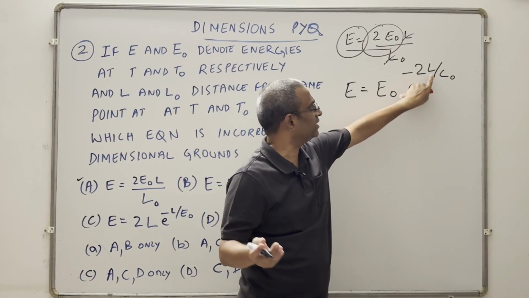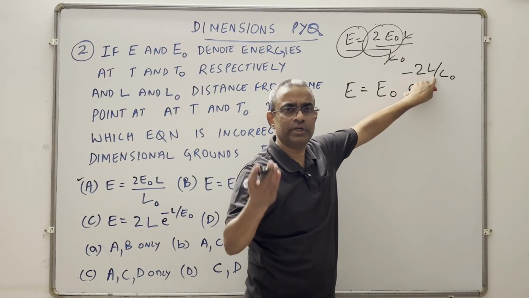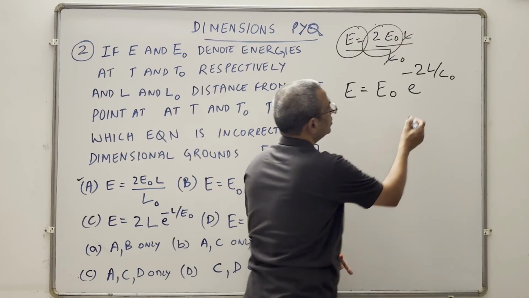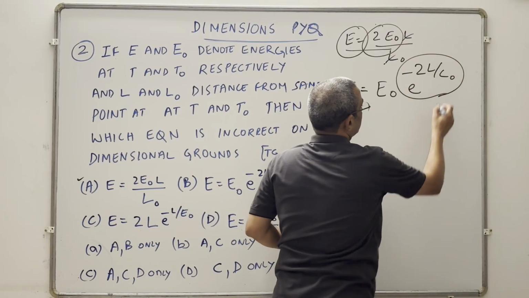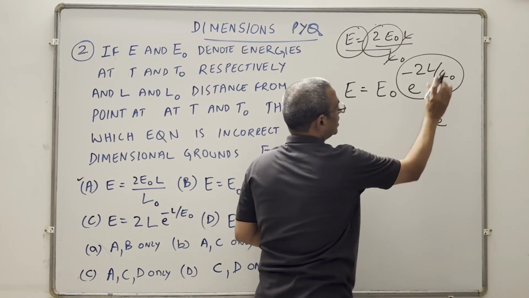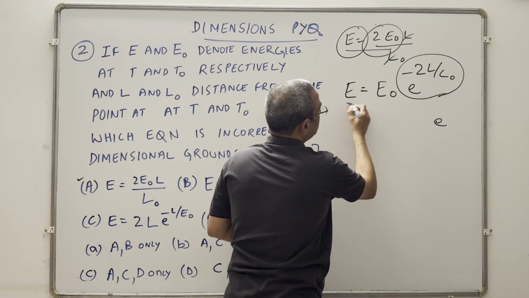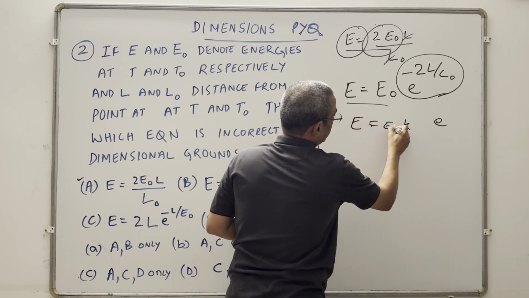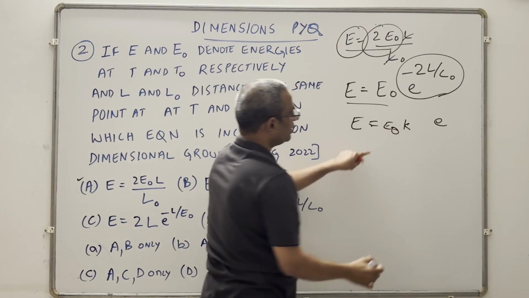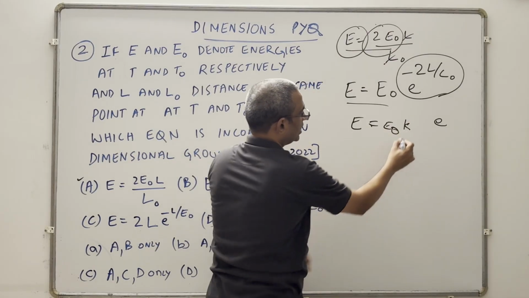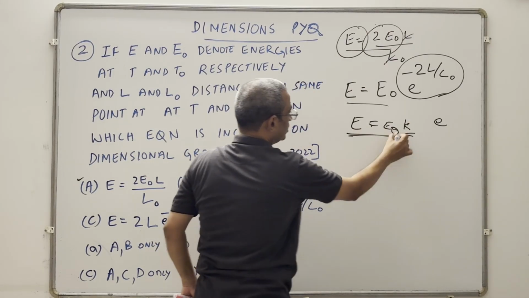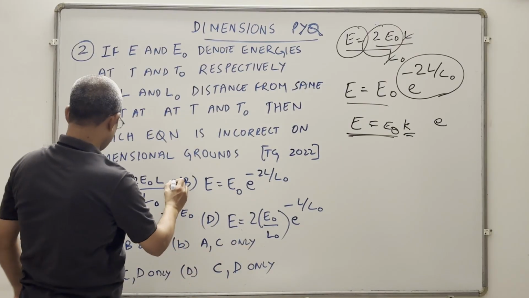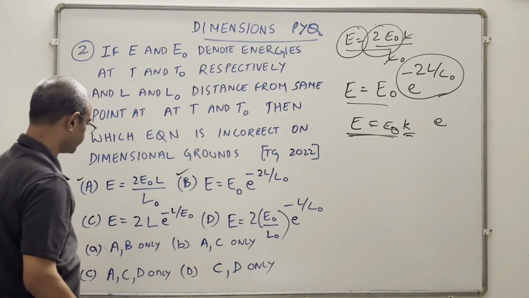We are dividing length by length, so that becomes a number. So this entire exponent becomes some number, and e raised to some number is some number. So then this becomes E is equal to E naught into some number k. Again, dimensionally, we can ignore the constant, so energy is equal to energy. So this equation is also right.